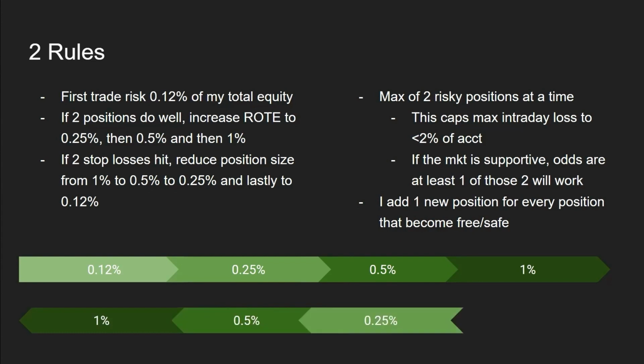Say 2 more fail, we reduce to 0.25. And if 2 more fail, we're back to trading pilot size positions at 0.12%. Simple. This is progressive exposure. You progressively move up, you progressively move down based on whether breakouts are working or not. And the second rule was just max of 2 risky positions at any time. That's it. These are all the rules you need to know.